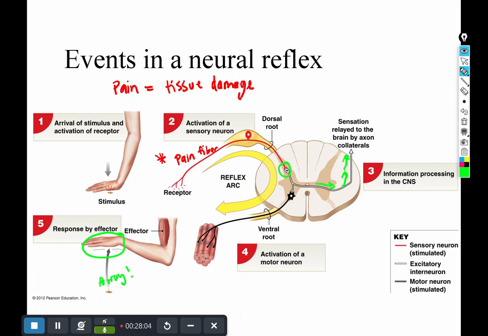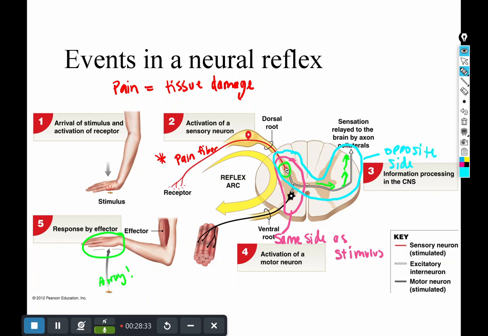And you notice that if we look carefully, we can see that this part of the pathway is on the same side as the stimulus. And then, let's make this a different color. This part of the pathway is on the opposite side from the stimulus. So there are names for these.